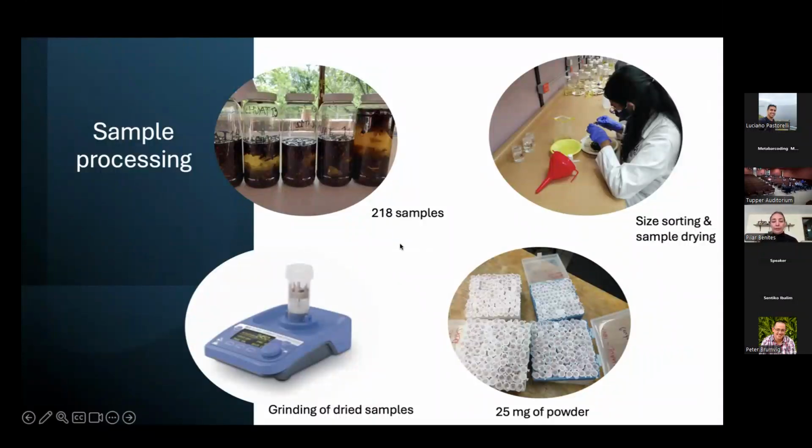So we ended up with 218 samples, which in the lab were dried and size sorted, to prevent insects with really big biomass from biasing the representation in the sample.